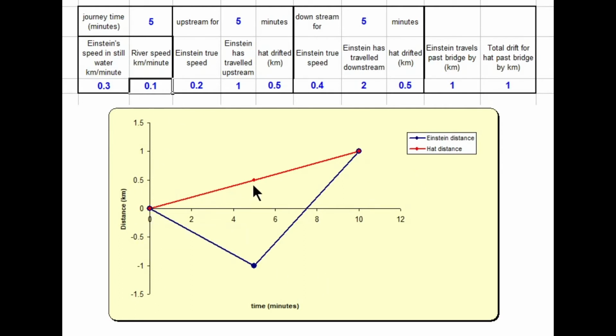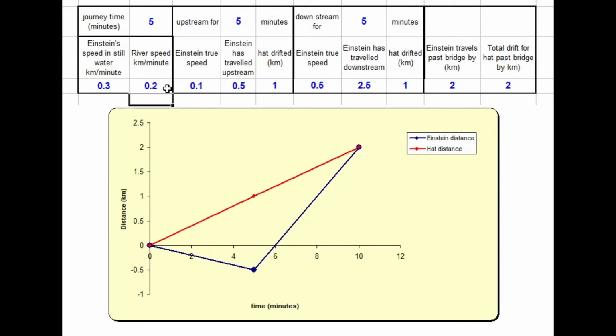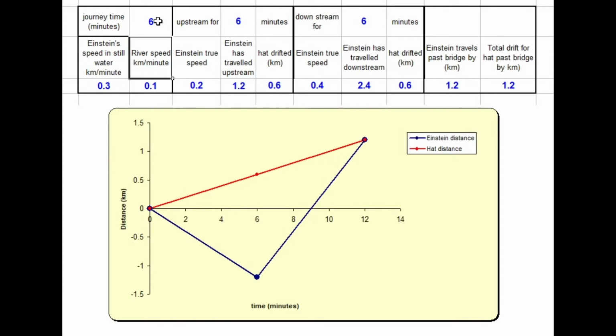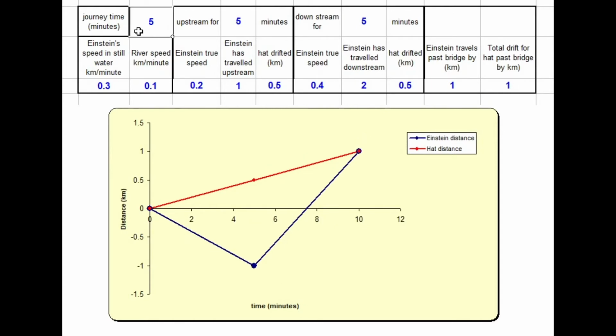This is the hat drifting. So if we were to change the river speed to 0.2, then clearly the diagram would change. We won't do that. If we change the time from 5 minutes and made the problem 6 minutes, then we would get that. But I had a little look here.